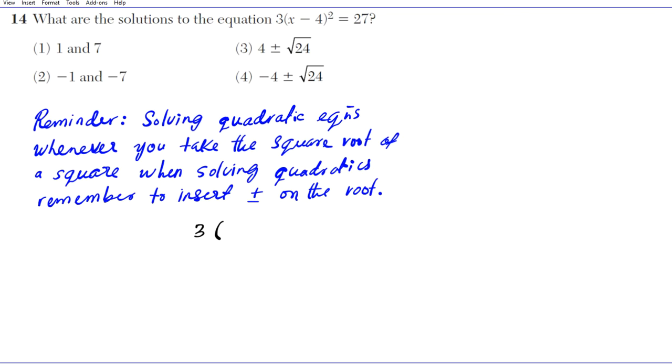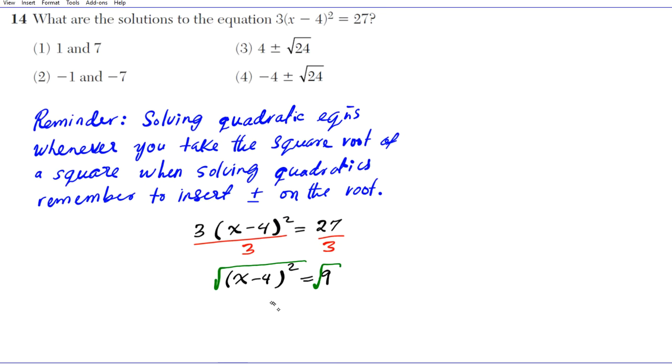Okay, so we have this quadratic equation, 3 times the quantity x minus 4 squared equals 27. To solve this, first step is divide both sides by 3. Okay. And then we have the quantity x minus 4 squared equals 9. Now what we're going to do is we're going to take the square root of both sides.